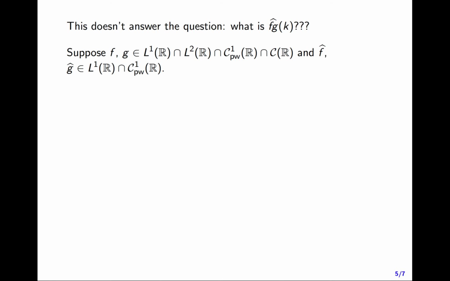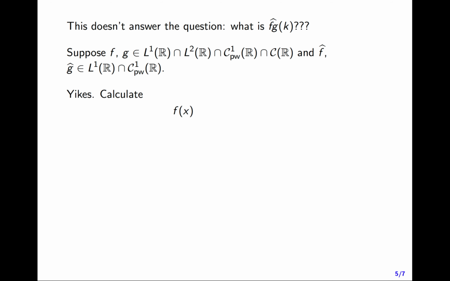So f and g are continuous, and they're differentiable at all but maybe countably many points, and the derivatives are well behaved. And I'm also going to assume that f hat and g hat are in L1, and that these Fourier transforms themselves are piecewise continuously differentiable. This is a lot to assume, I agree. Yeah, yikes indeed.